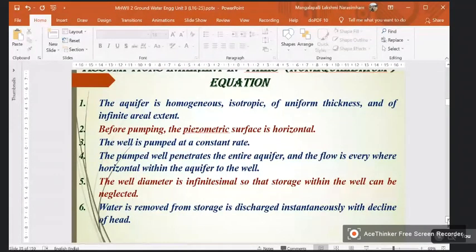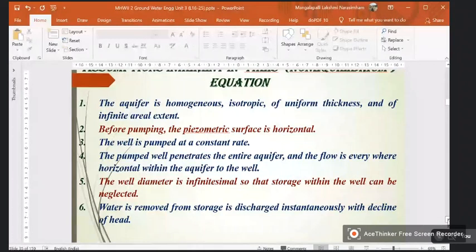It cannot be undulating, varying thickness. The thickness of the aquifer, which we are considering as b, is uniform throughout, and it continues for infinite areal extent in both x and y directions. Z direction, of course, is limited for us. Now, before pumping, the piezometric surface is horizontal.